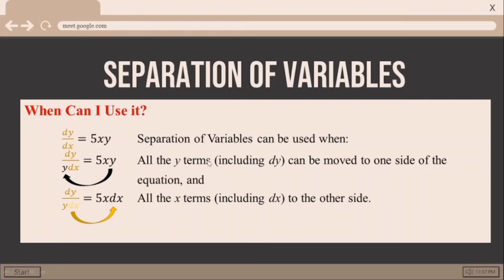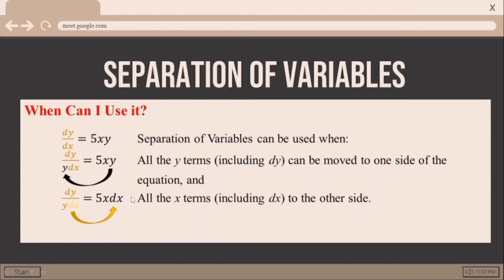Separation of variables can be used when all the y terms, including dy, can be moved to one side of the equation, and all the x terms, including dx, to the other side.